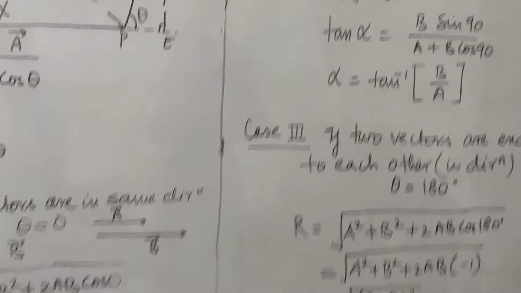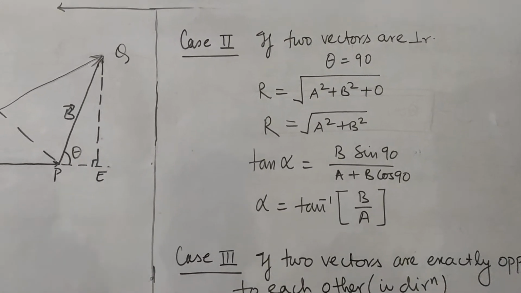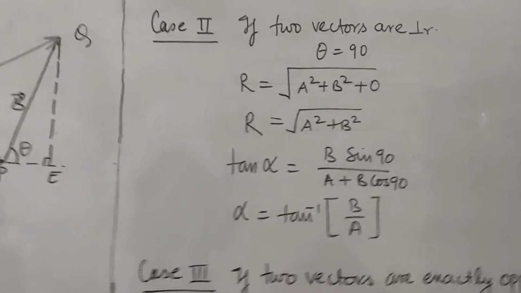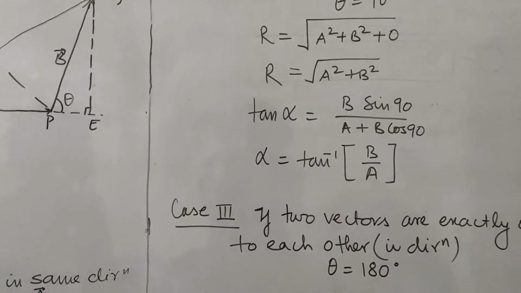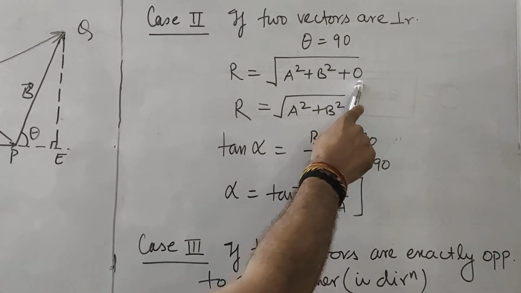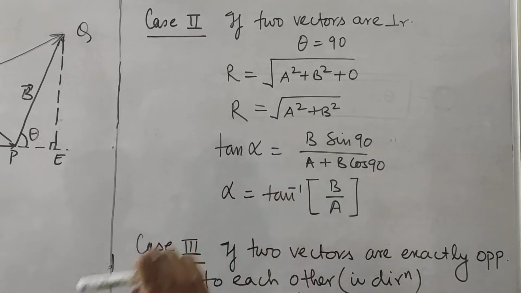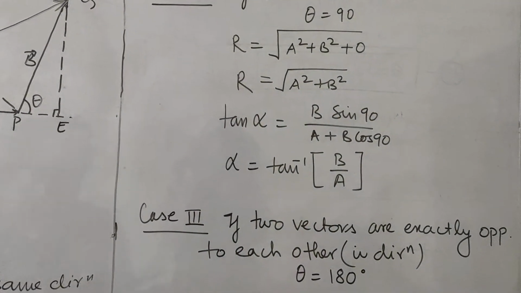Now case 2. If the two vectors are perpendicular, say two vectors A and B are mutually perpendicular, then theta will be 90. Cos 90 you all know is 0. So the resultant will be under root a square plus b square plus 0. This is the value of the resultant magnitude when theta is 90.